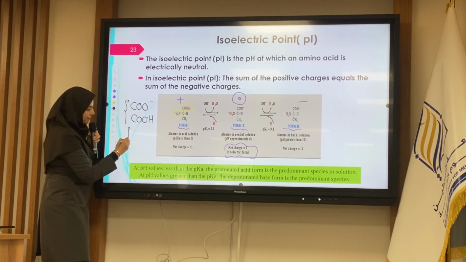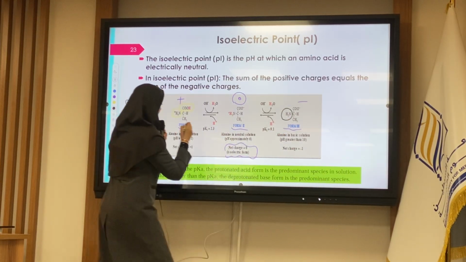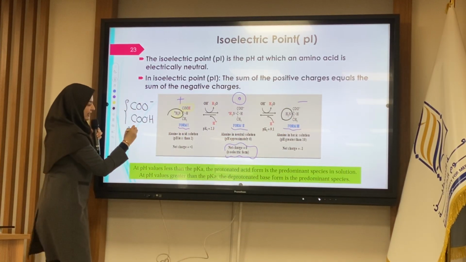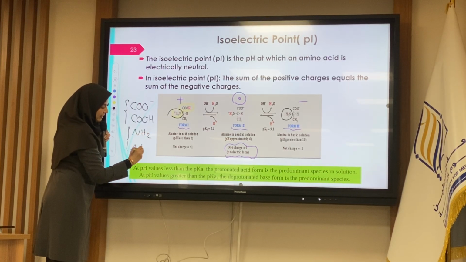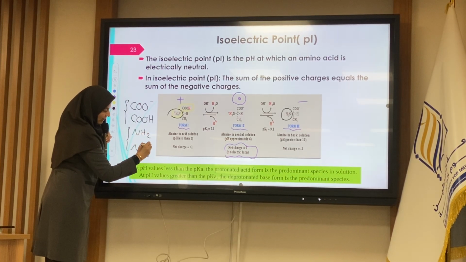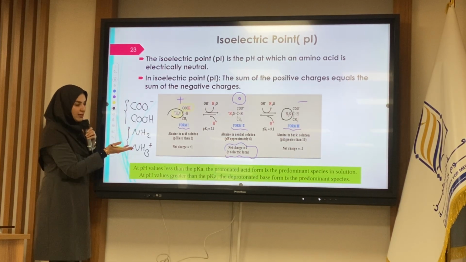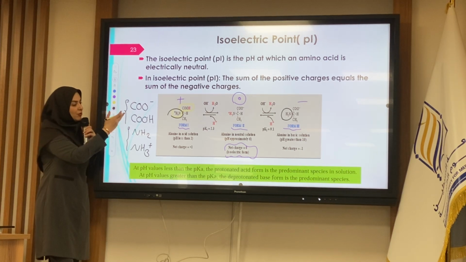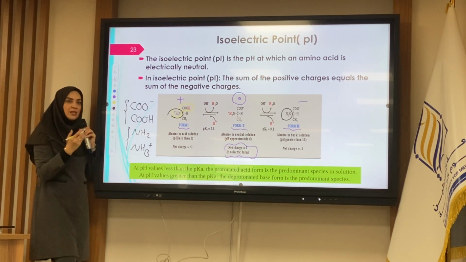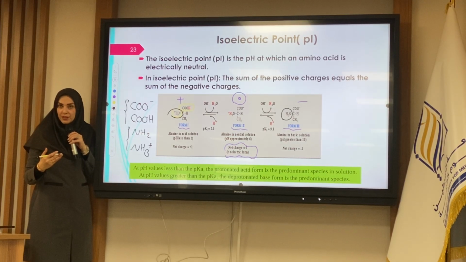And for example, about the amine: sometimes it is present as NH2, sometimes as NH3+. This is the deprotonated form, this is the protonated form. So carboxyl and amine, as I mentioned, are considered ionizable groups.